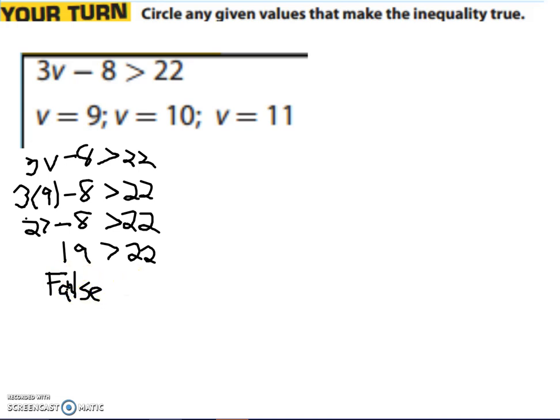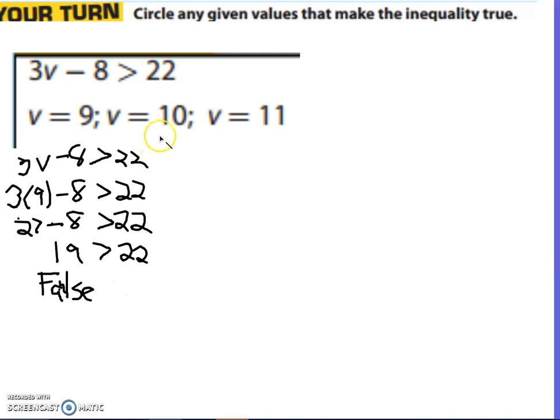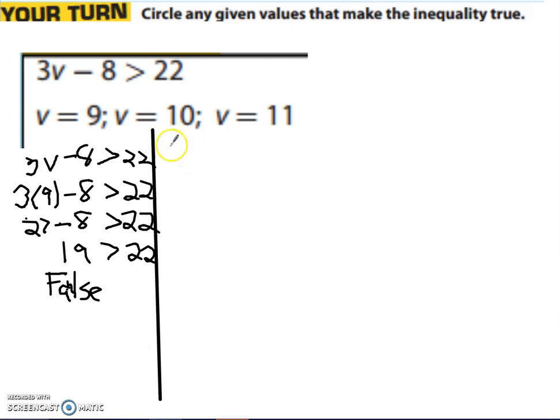Okay, so let's do another one. Let's say I had 3v minus 8 greater than 22. Now I'm going to plug in for 10.